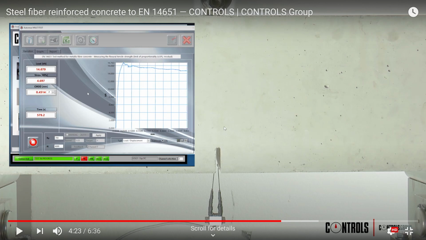So the crack is becoming visible to our eyes. I hope the video quality is good enough for you guys to see this crack that is appearing.